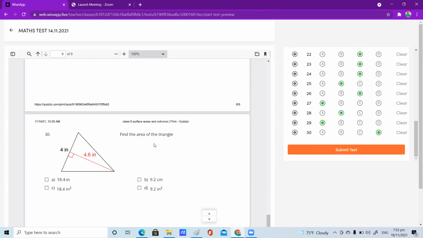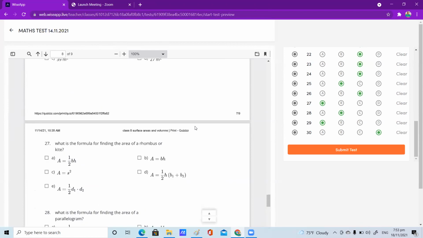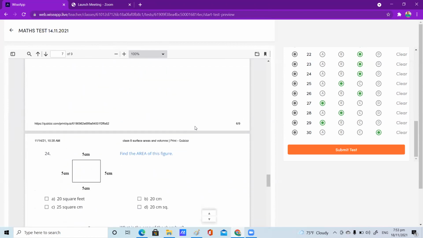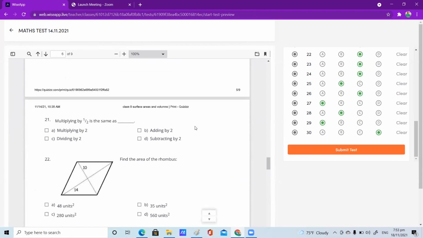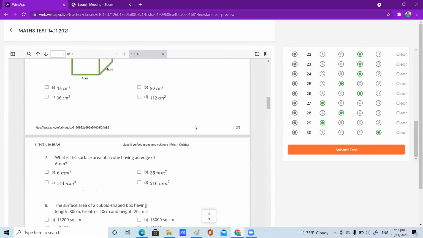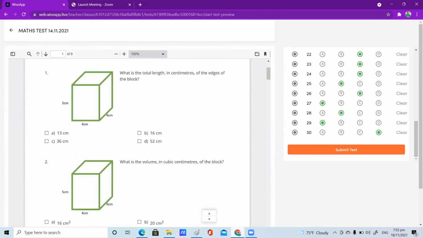Ma'am, what is the full form of in? It is inches. Inches, right. Any other doubts, children? No, ma'am. Shall we go with the next part?